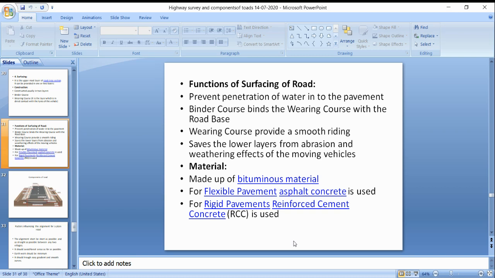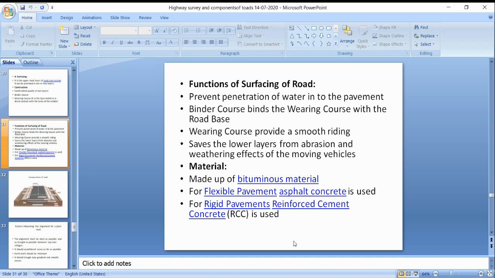The wearing course provides a smooth ride and also saves the lower layers from abrasion and weathering. So the upper layer acts as a protection for the lower layers.